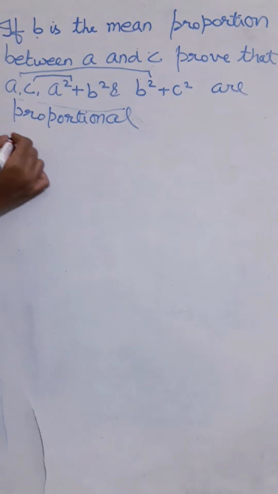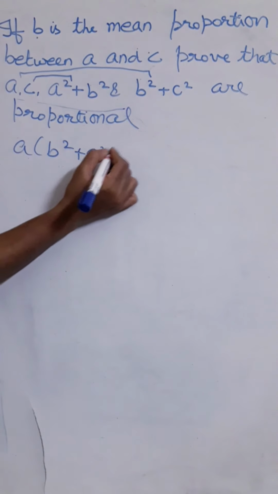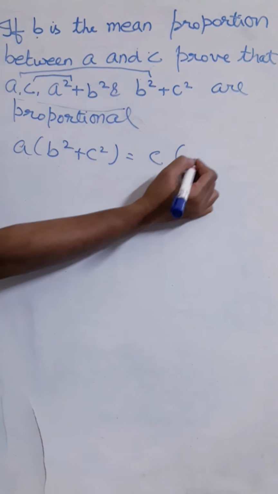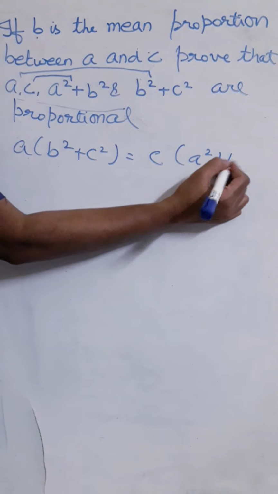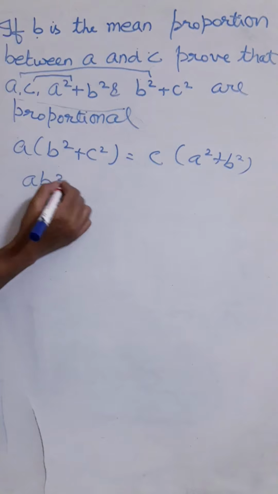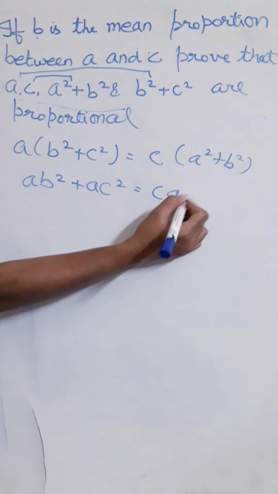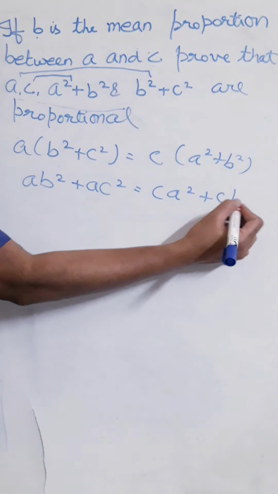So from here I can take a times b square plus c square is equal to c times a square plus b square. Now I will multiply this. a b square plus a c square equals to c a square plus c b square.